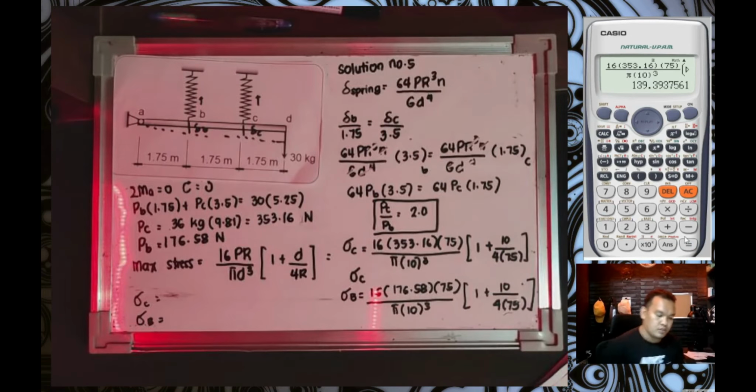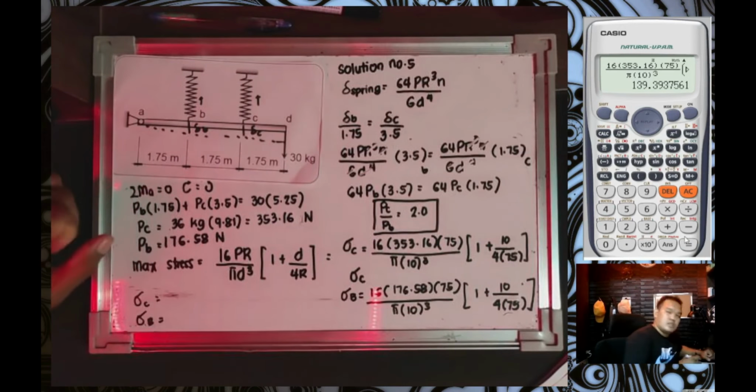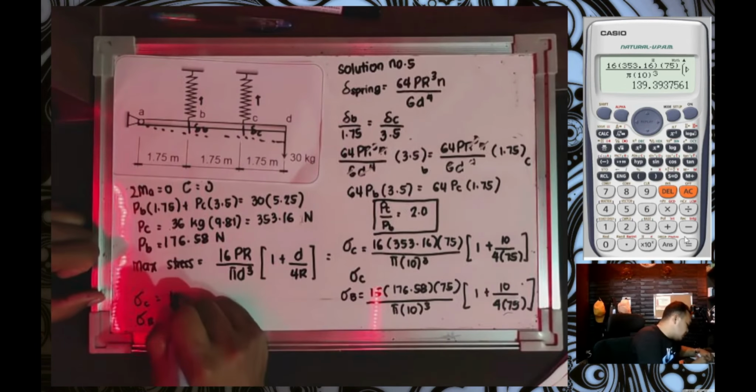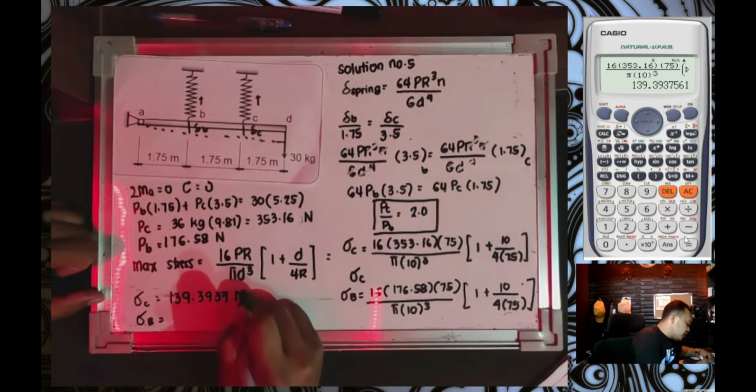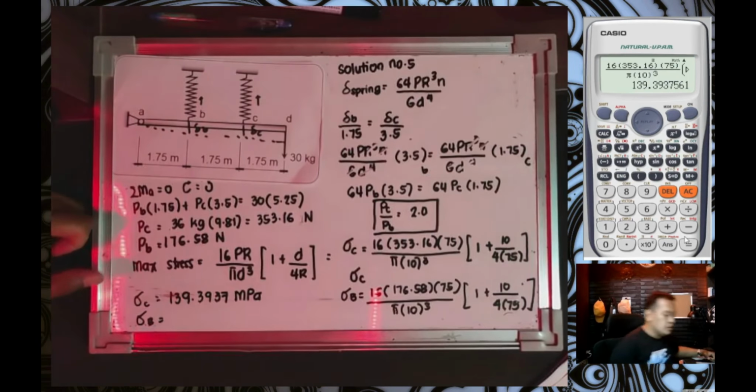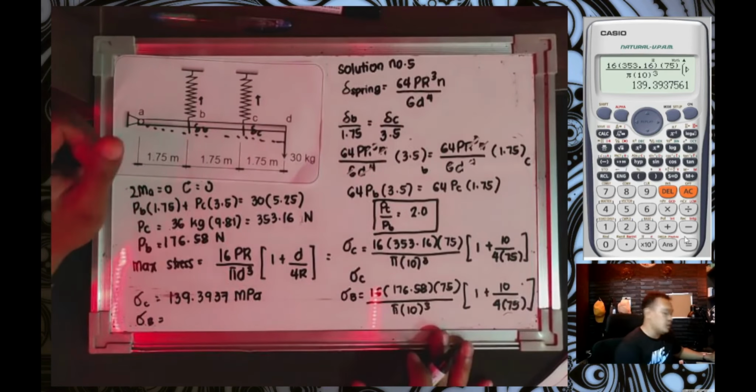Okay, so the stress at C is 139.3937 MPa, since our units in this formula are only Newton and mm.